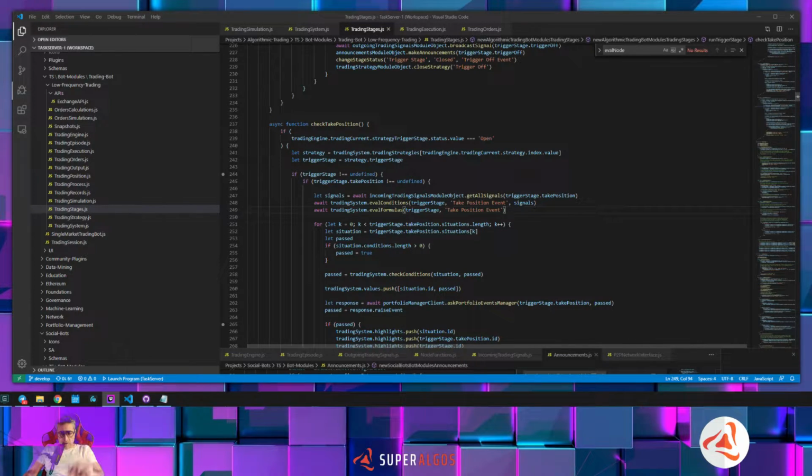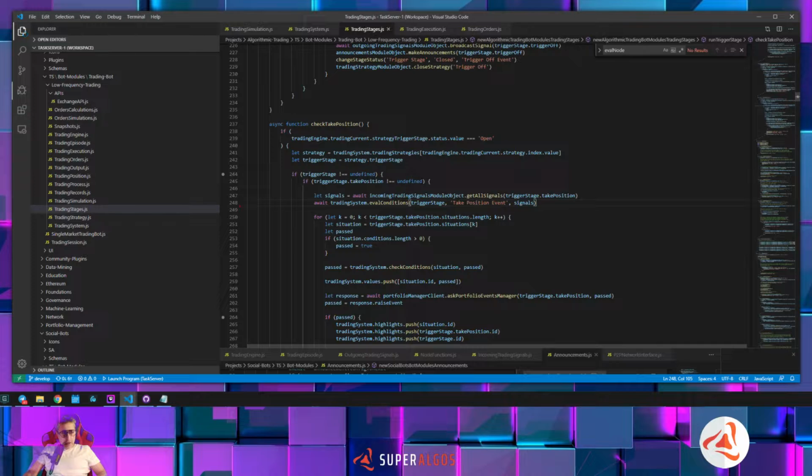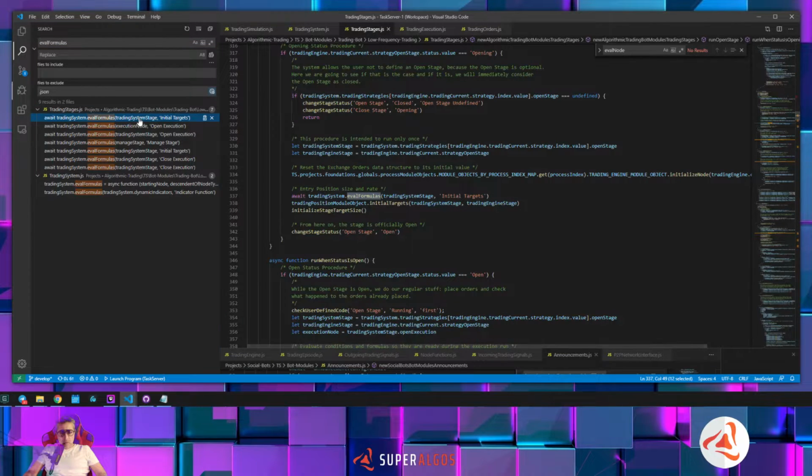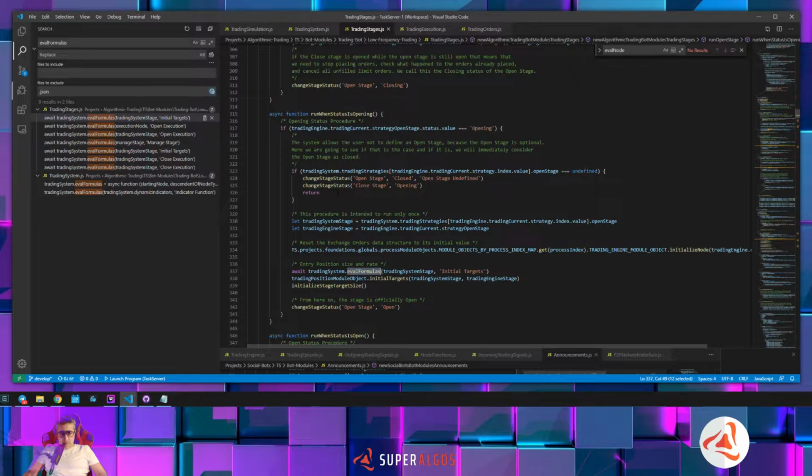That is what I'm going to do. So this guy is going to disappear, and let's check again the list. So we also got eval formulas here. Run when started.